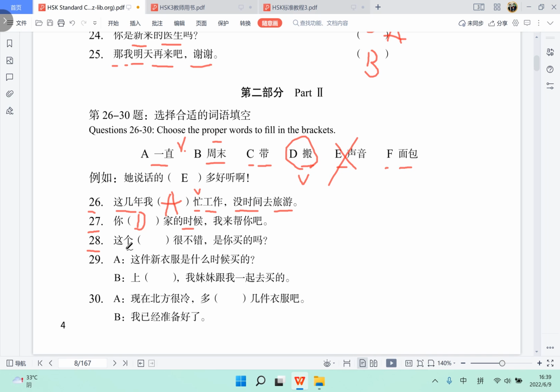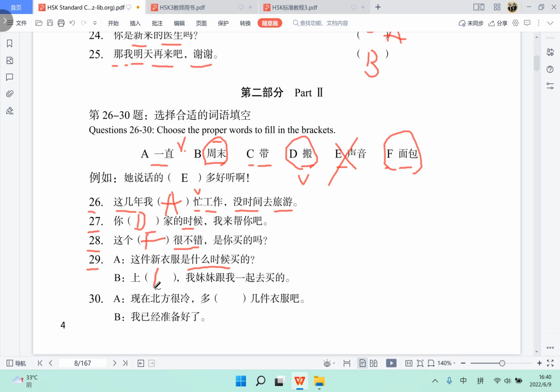And 28 这个什么什么很不错，是你买的吗？So this one should be a noun, right? Only noun here is F. 面包, right? 这个面包很不错是你买的吗？You bought it? And 29 这件新衣服是什么时候买的？So when, right? 什么时候？So only the time noun here.